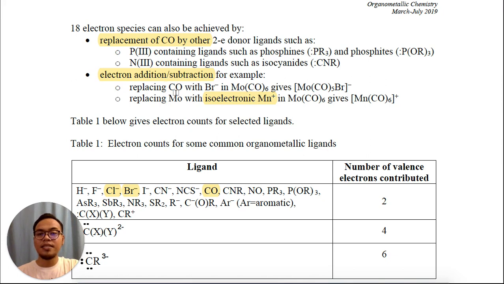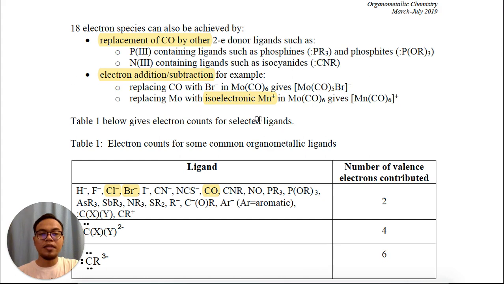Or another way is by adding or subtracting electrons. If you replace CO with bromide, it's going to give you MoCO5. So one CO is replaced by bromide, Br negative. So this Mo is going to give you Mo plus. Okay, and then replacing Mo with isoelectronic Mn plus. So Mn and Mo, both coming from different columns, right?